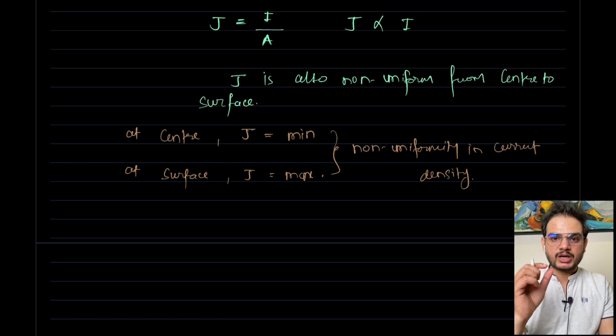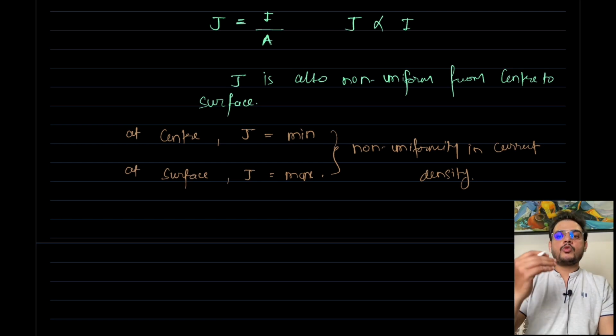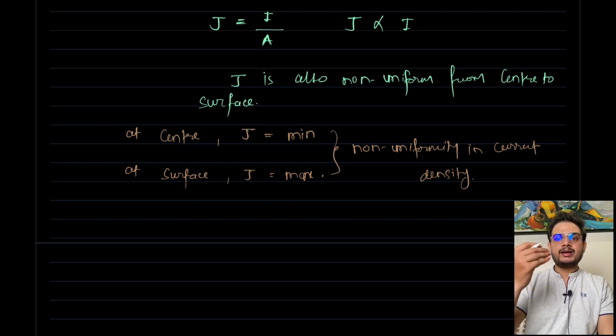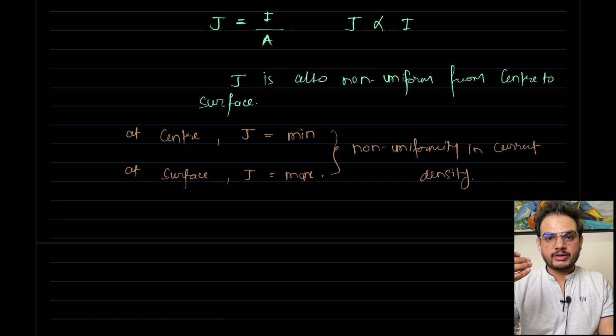So what are the main disadvantages of the skin effect? Overall resistance is increasing by the factor of 1.6 times as compared to the DC resistance because of this skin effect. Why is that resistance increasing? Because my current is non-uniformly distributed. Why is my current non-uniformly distributed from center to surface? Because of non-uniform distribution of flux linkages.